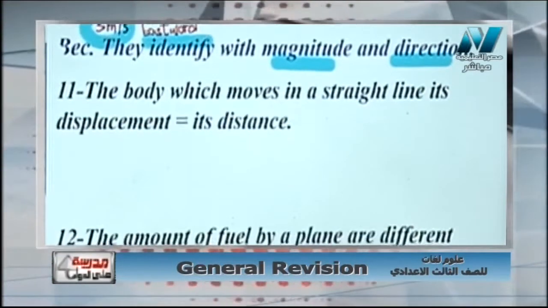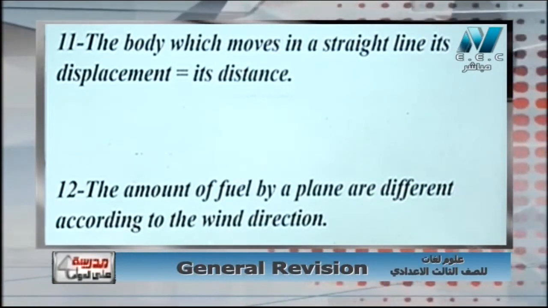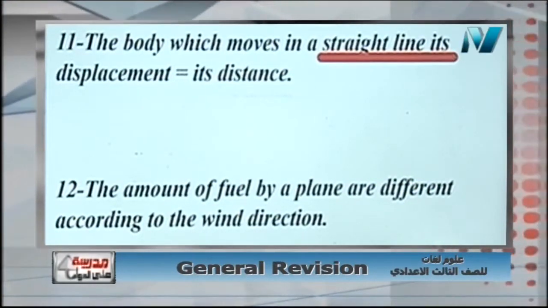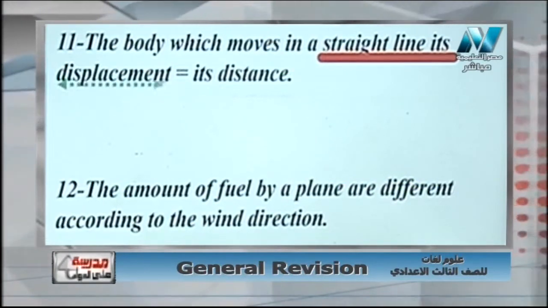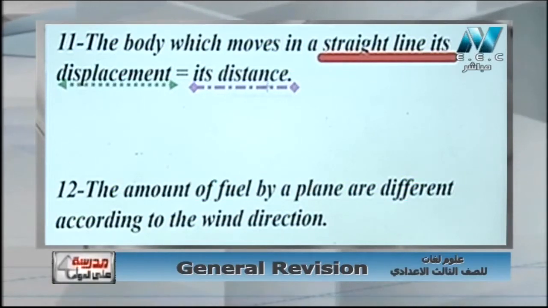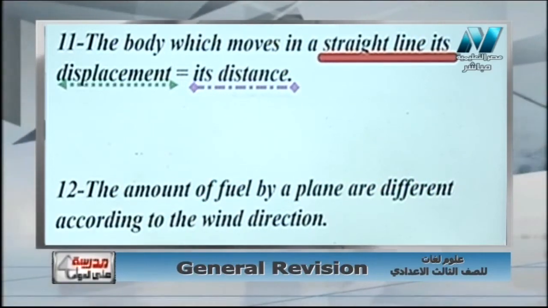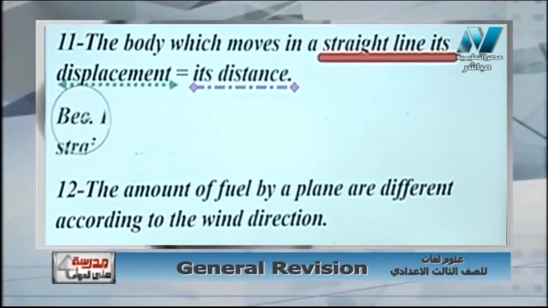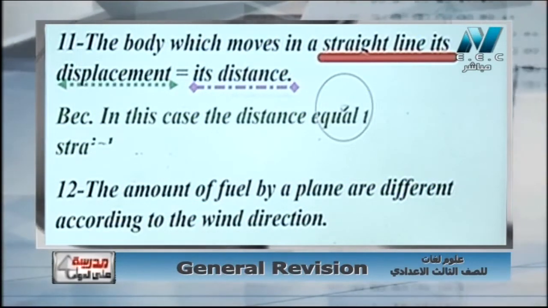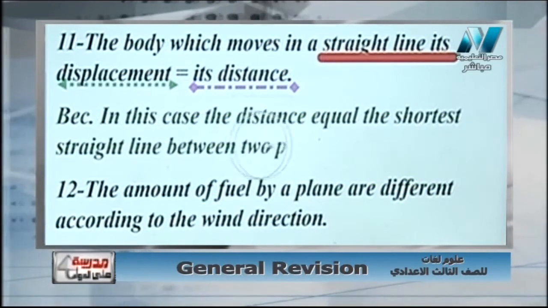Number 11. The body which moves in a straight line, its displacement equals its distance. We have only one case where the object moves and its displacement equals its distance. When? I say because in this case the distance equals the shortest straight line between 2 points.